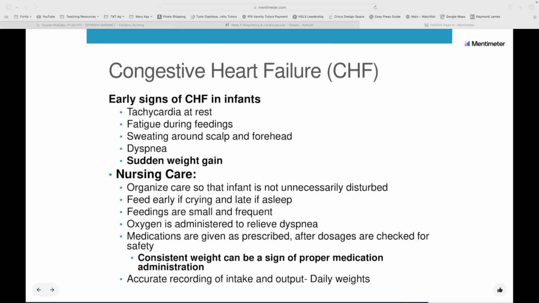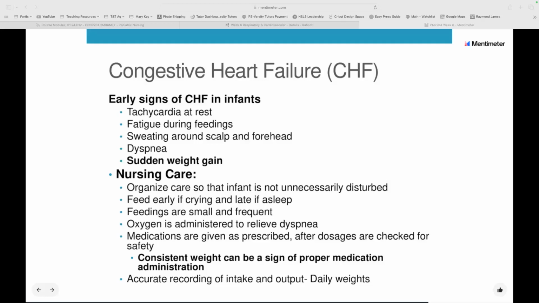So if we have a failure, it's going to result in a backup of blood into our systemic venous system. The left side is moving our oxygenated blood from our pulmonary circulation into our systemic circulation. So if we have congestive heart failure there, it's going to result in a backup of blood into our lungs.